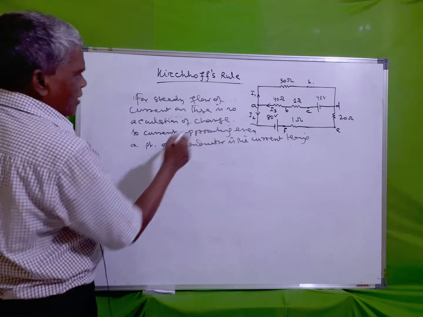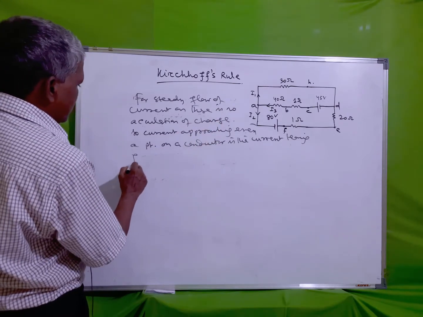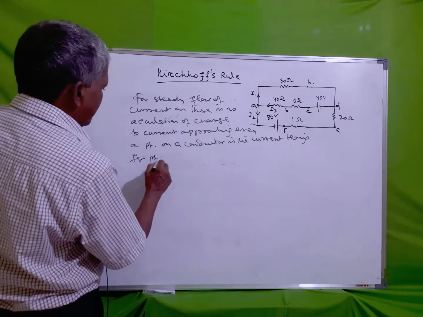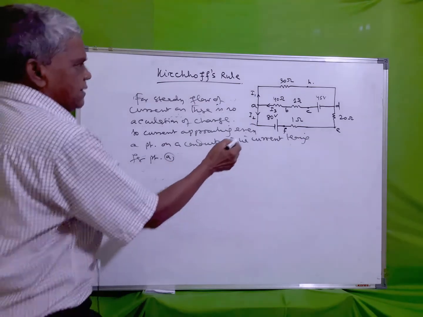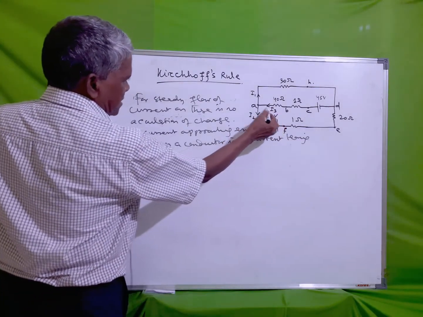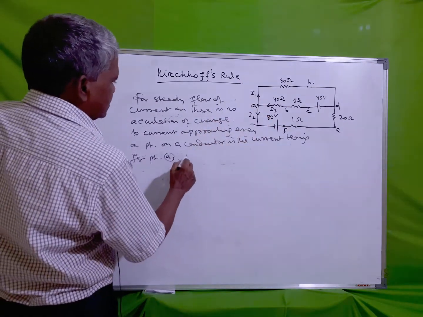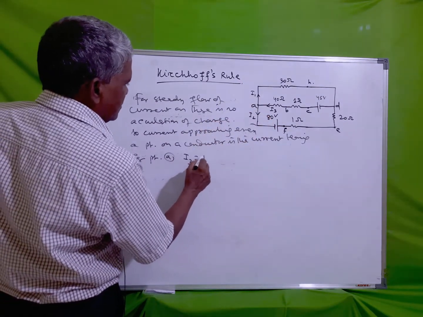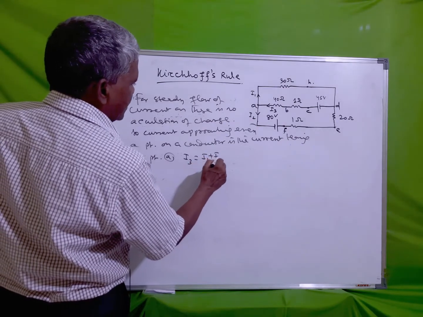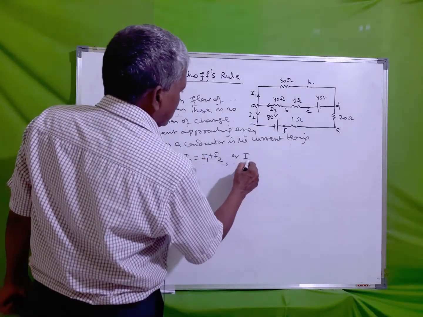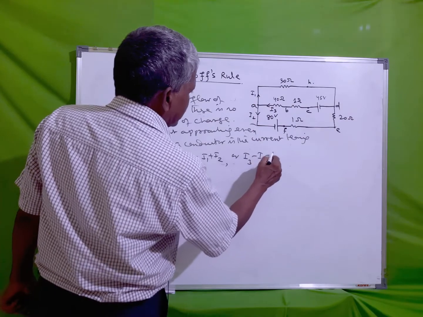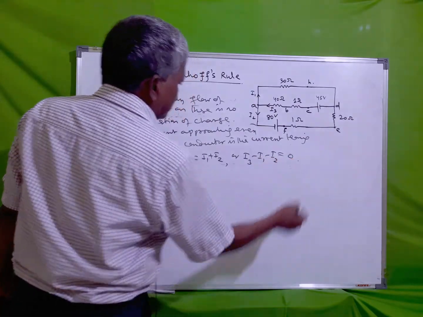If you apply this to points A and D, for point A, I3 is approaching and I1, I2 are leaving. So I3 is equal to I1 plus I2, or I3 minus I1 minus I2 is equal to 0.